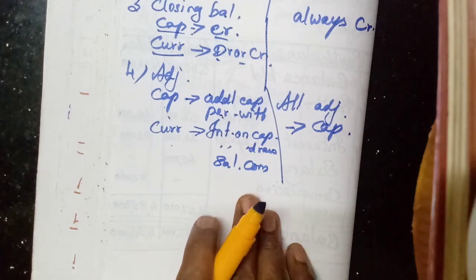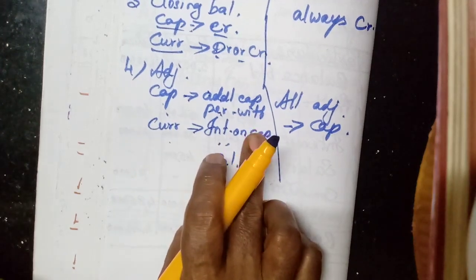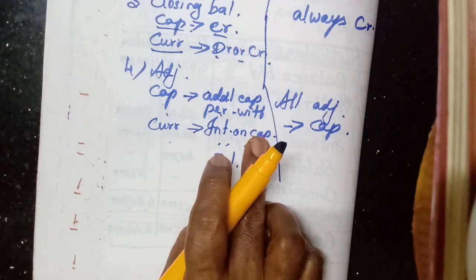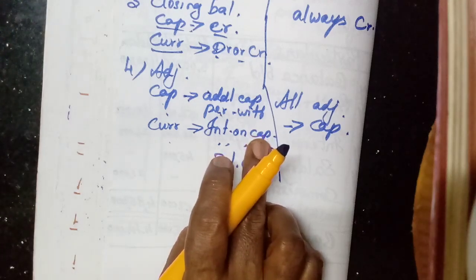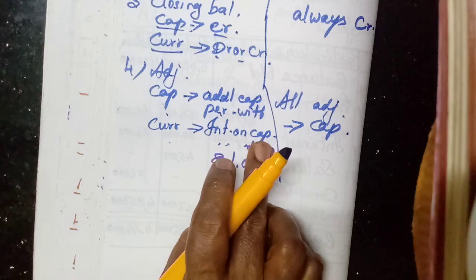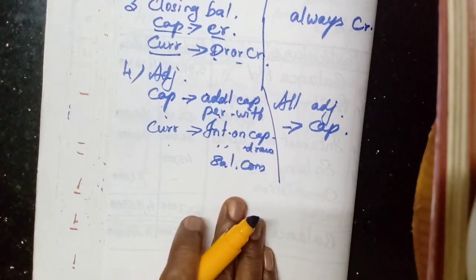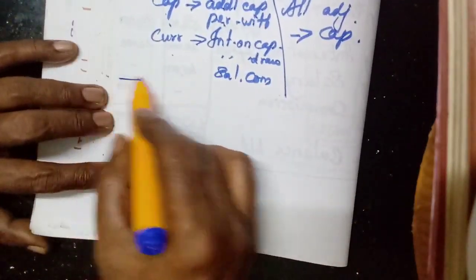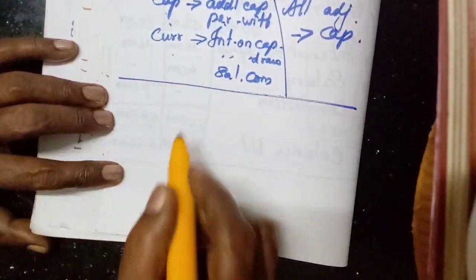So here you have to do and see that fourth problem, fluctuating capital method, and you have to study the differences between fixed capital method and fluctuating capital method. Okay, fixed capital method and fluctuating capital method. This will be your homework.